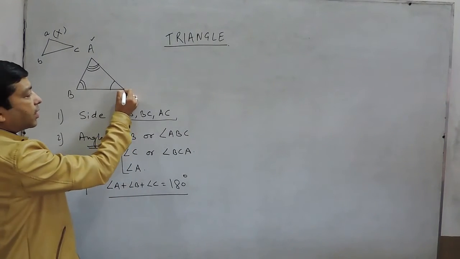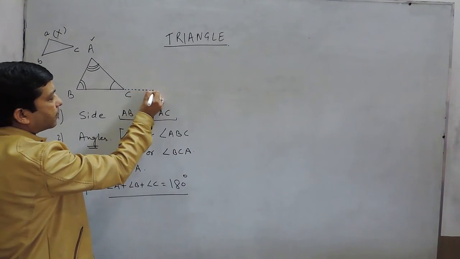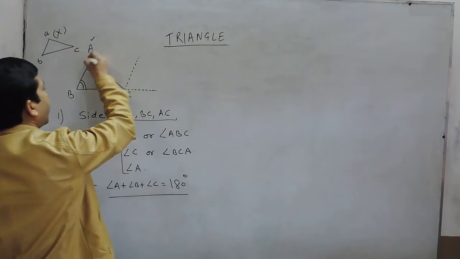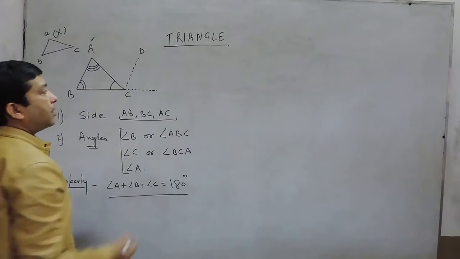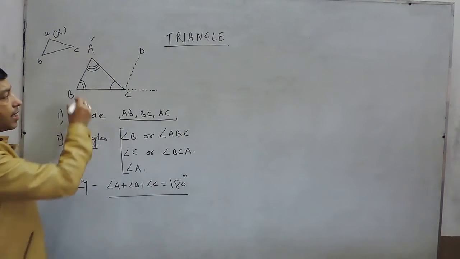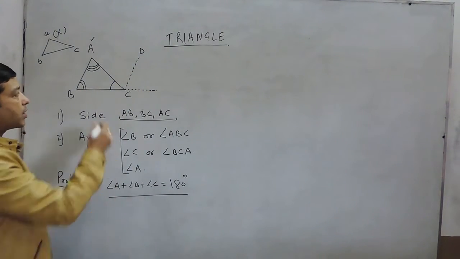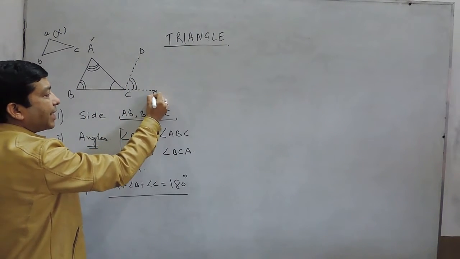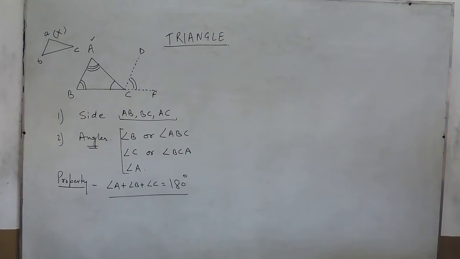This is because if I construct a line parallel to line AB, then because AB and DC are two parallel lines and this acts as a transversal, angle B and angle DCF are both equal.